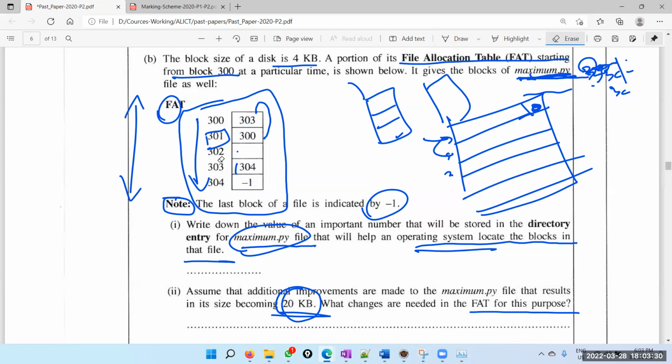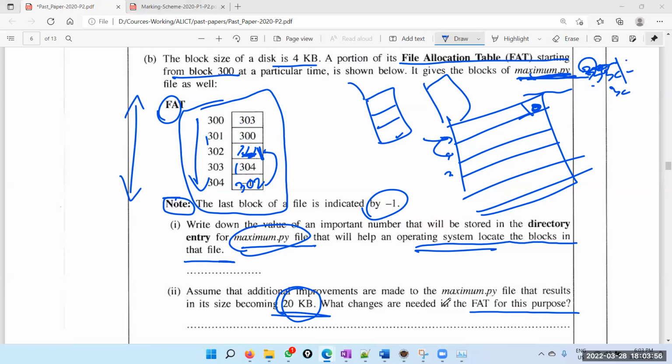So therefore, the table has to say here, rather than -1, right? You have to say now you have to go to 302. So that the file will be there. And here maybe you can say -1. Here you can say -1, because that is the end of it. Because 20 can be kept in 5 blocks, maximum 5 blocks. So you have to write down that as the answer.